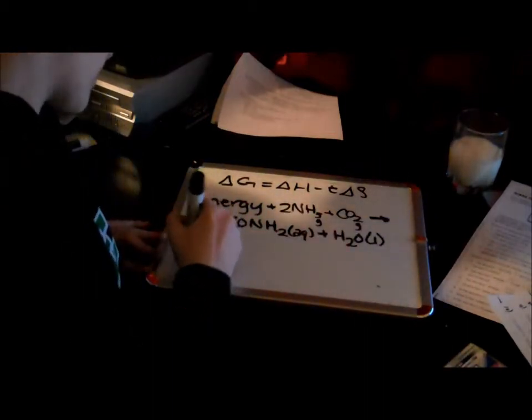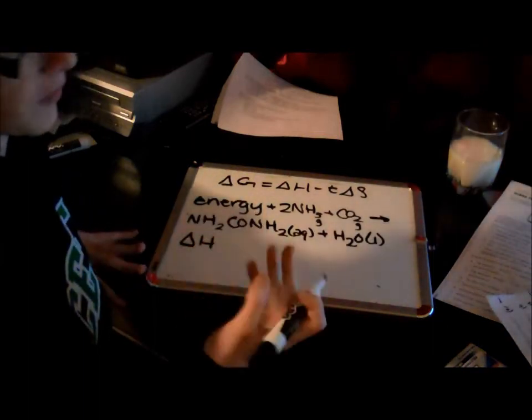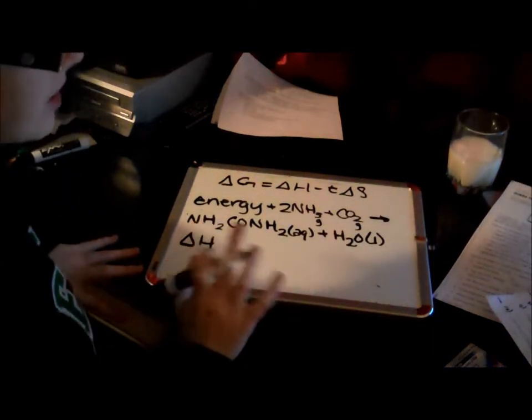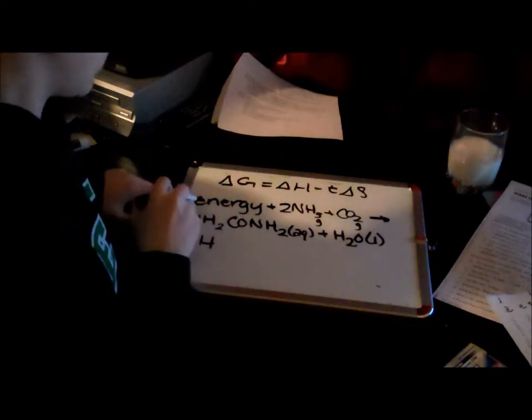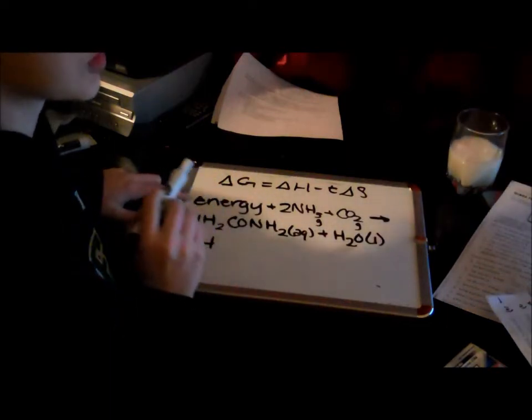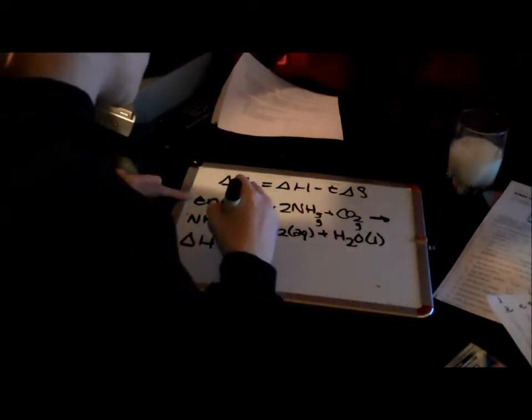Now again, to identify the delta H, we have to look at the energy. This is the same problem that we had in the beginning, as in the energy is visible in the reactants but not in the products, which means the products have absorbed it. So delta H is positive.